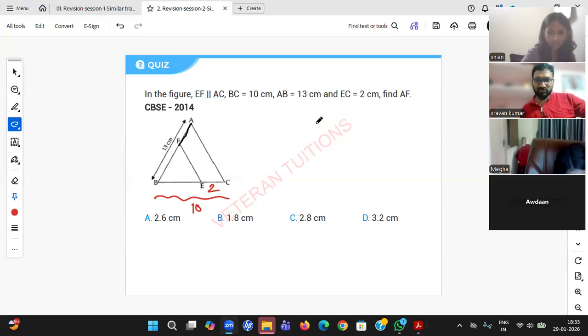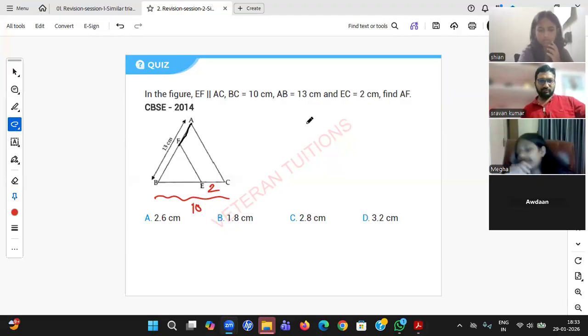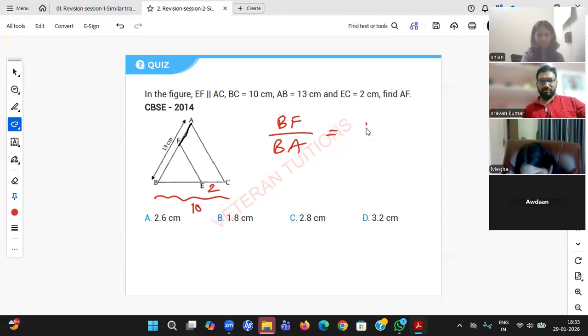Yes, Narendran. Harshini, yes. Shayan, yes. Very good. BF by BA equal to BE by BC. BF is not given. BA is 13. BE is 8. This is 2, this is 10, this will be 8. BC is 10.